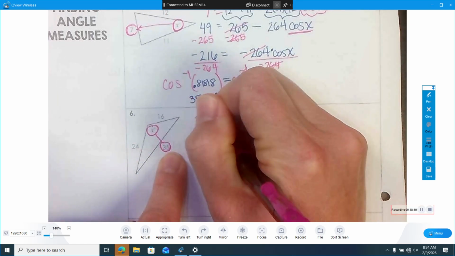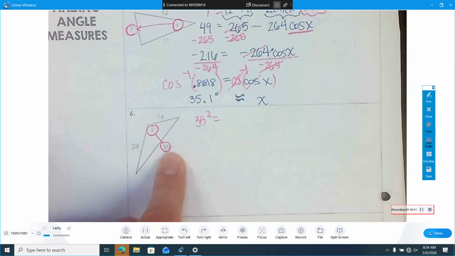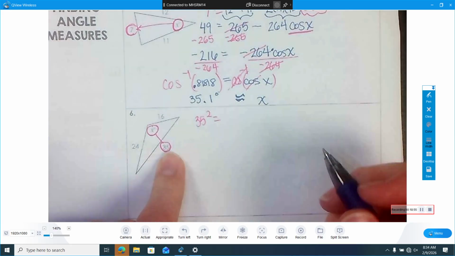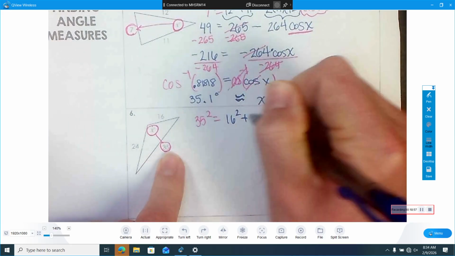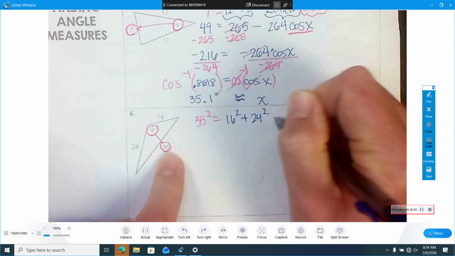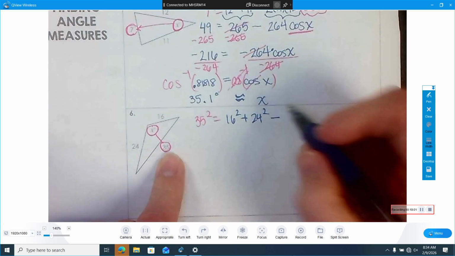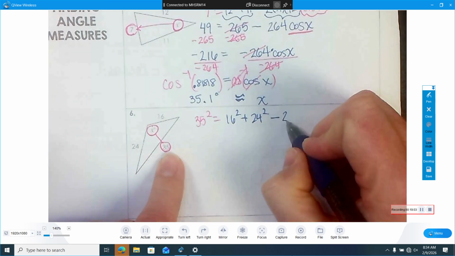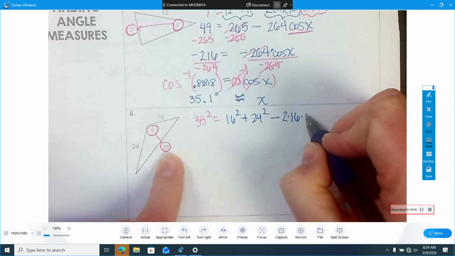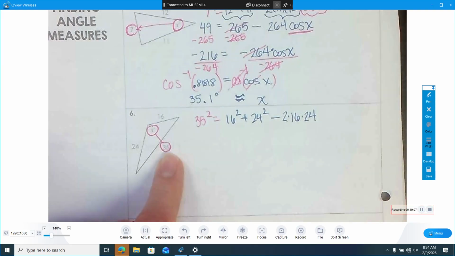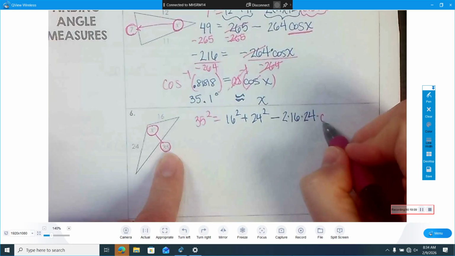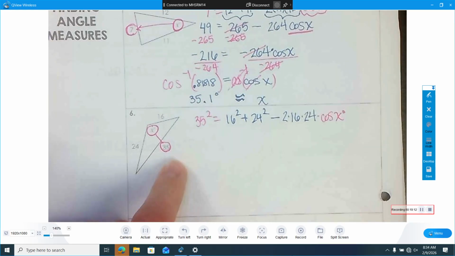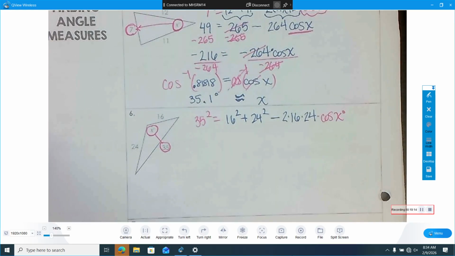So that would be 35 squared is equal to what plus what? 16 squared plus 24 squared minus what? 2 times 16. Good. 2 times 16 times 24 times the cosine of x. So that is the first line.